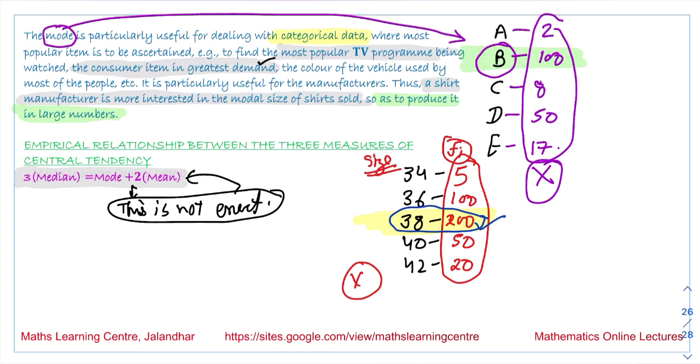If we calculate the mean, median and mode for some data, then these three values satisfy this formula approximately. That is, 3 times median is equal to mode plus 2 times mean.